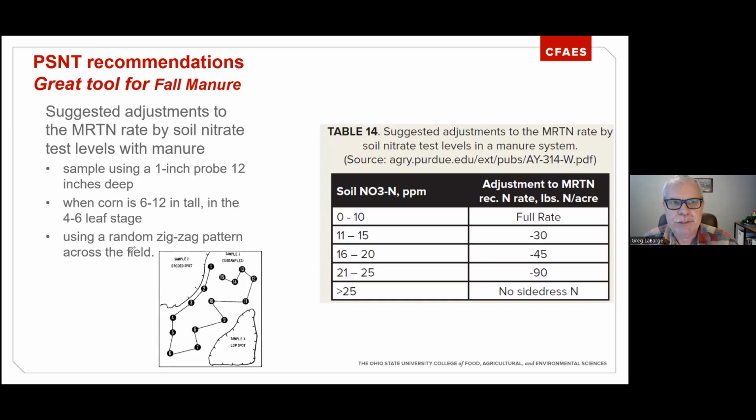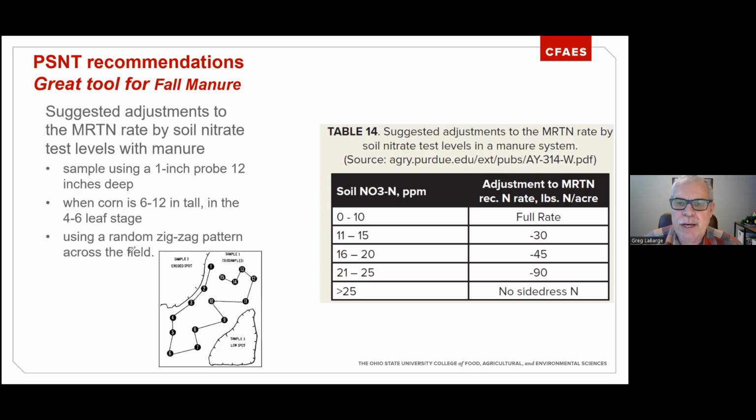The PSNT test basically is a very good tool for us when we think about fall manure management, and we do work with that here in the state. We have these recommendations from when we go out and pull that PSNT test number and think about an adjustment to our MRTN rate.